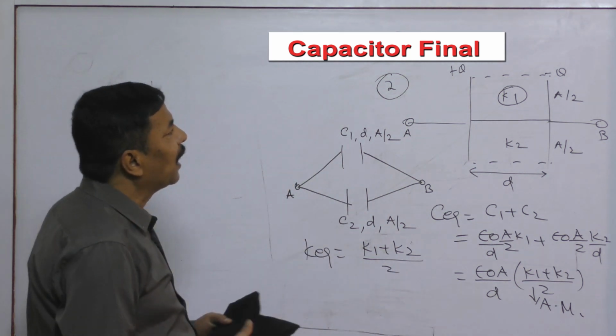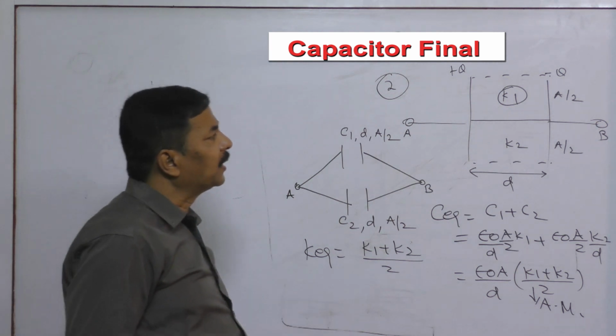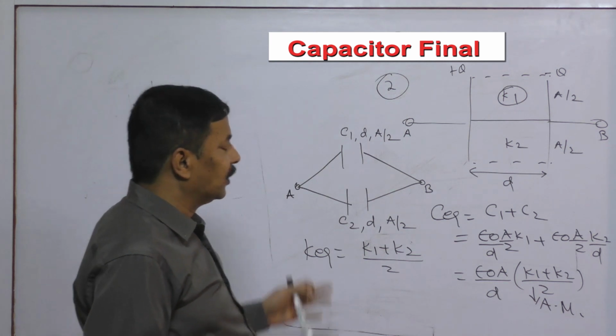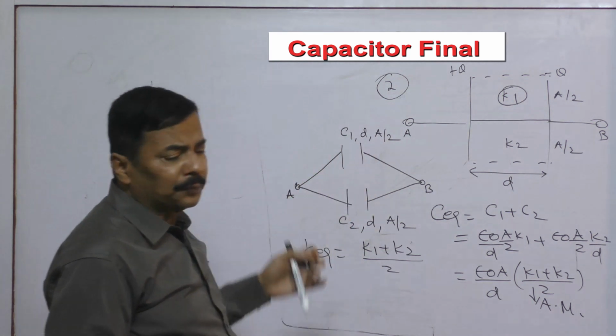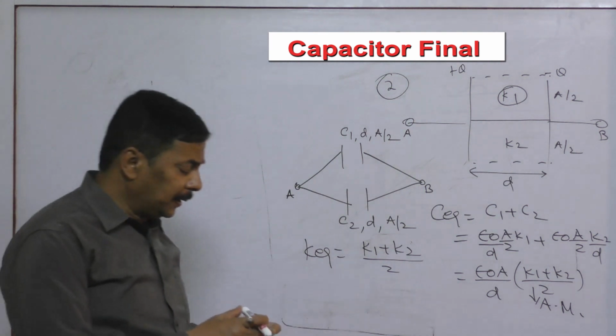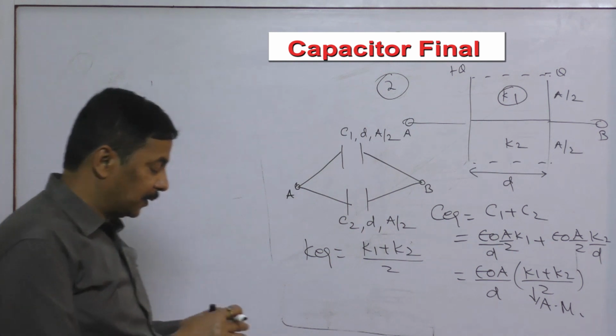So in this way we can find the capacitance of the parallel plate capacitor in the two cases. Understanding these two cases will help you in clarifying the concept of a capacitor filled with dielectric.